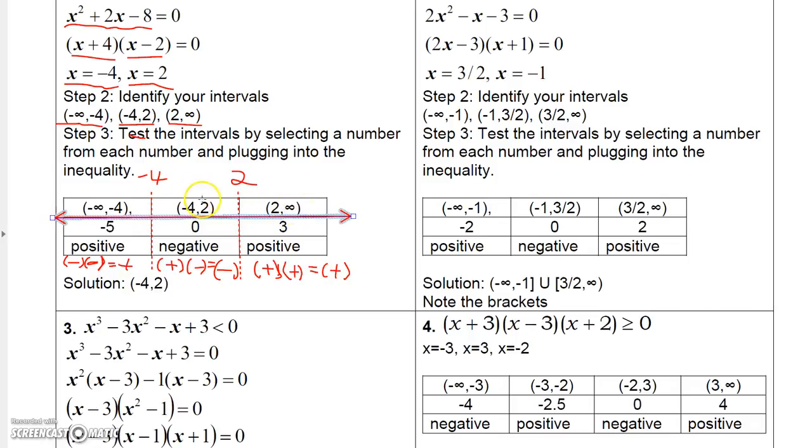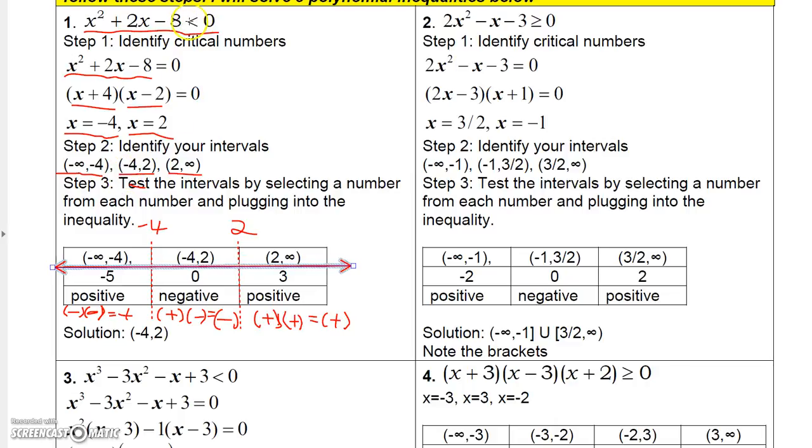Well, it turns out that whatever's happening with one number in this interval, negative infinity to negative 4, it must be happening with all numbers in this interval. So I only have to test one number in this interval to find out whether the expression is positive or negative, because that's what I'm interested in. If I want to know when this expression is less than 0, that just means I want to know when it's going to be negative.